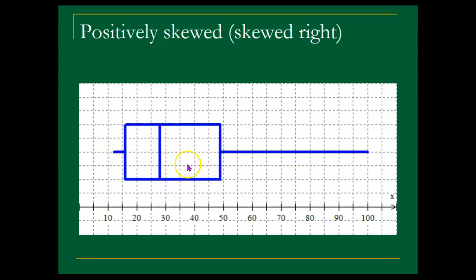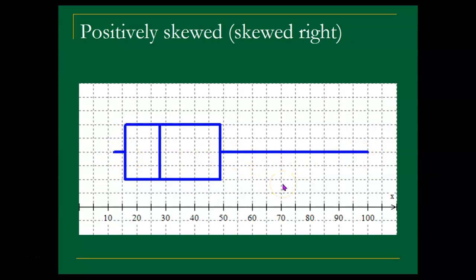So it's like the right half of our data set is a lot more spread out than the left half. There's a lot more space between Q2 and Q3 than there is between Q2 and Q1. And there's a lot more space between the maximum and Q3 than there is between the minimum and Q1.